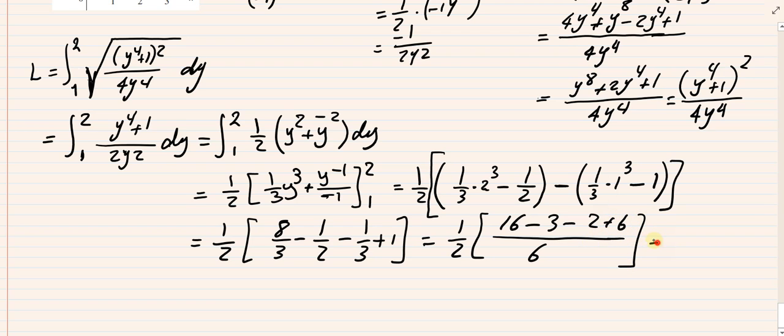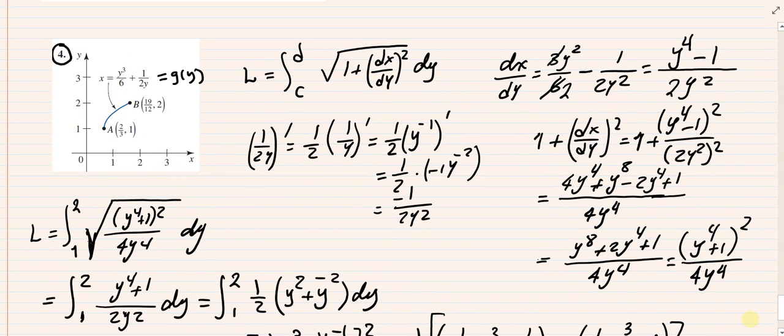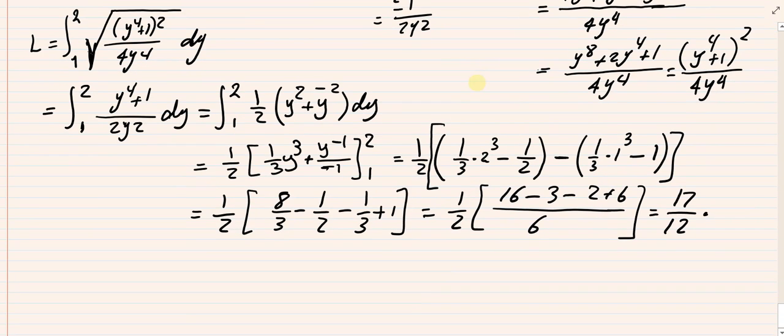And all said and done, that will give me 17/12. And there you have it. That's going to be the length of this curve. And the units, of course, would be whatever units of measurement are: feet, inches, centimeters, kilometers, meters, whatever that might be. And there is exercise number 4 for you.